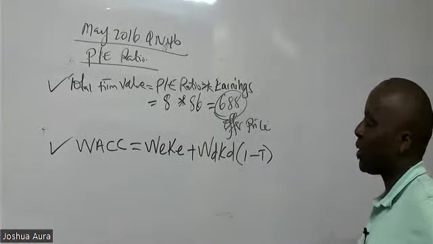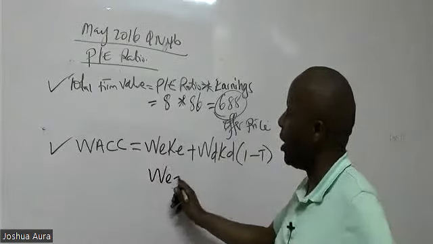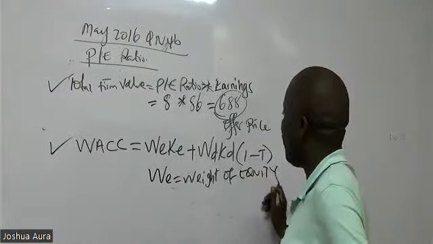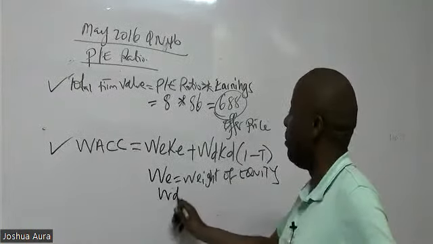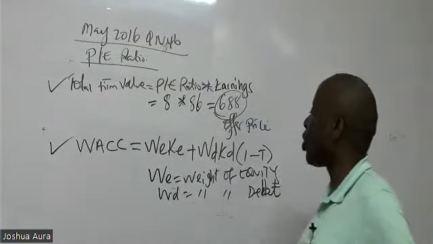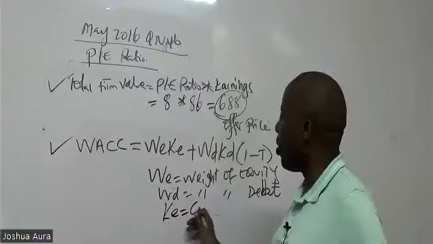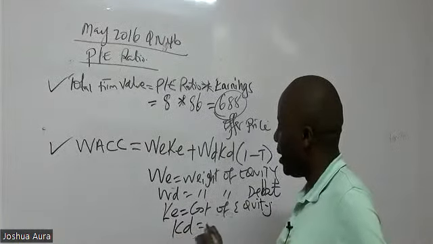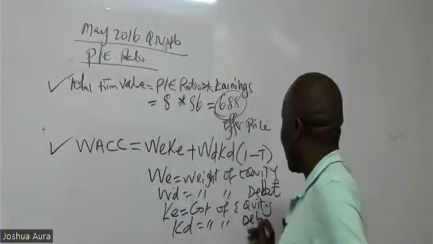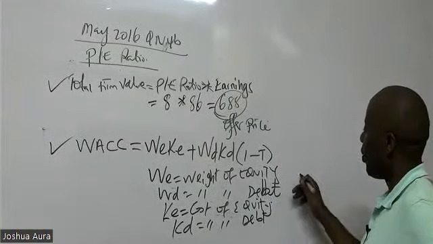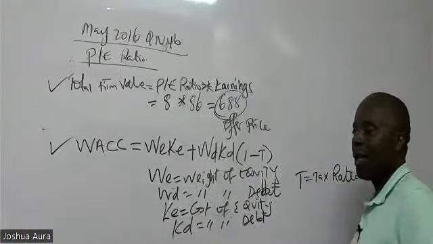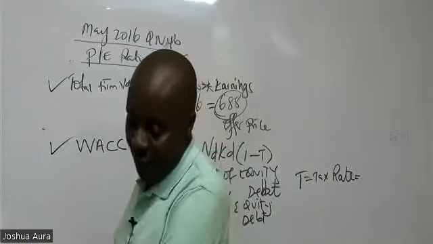WE is the weight of equity, WD is the weight of debt, KE is the cost of equity, KD is the cost of debt, and lastly, T is the tax rate.